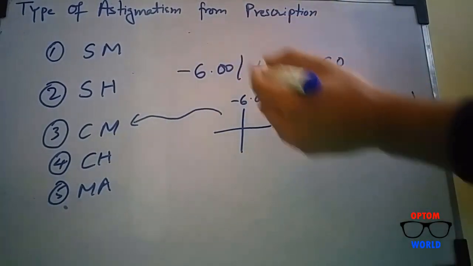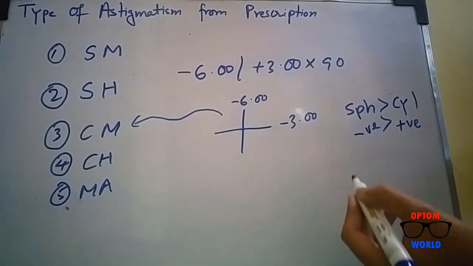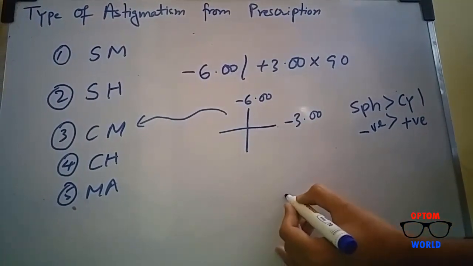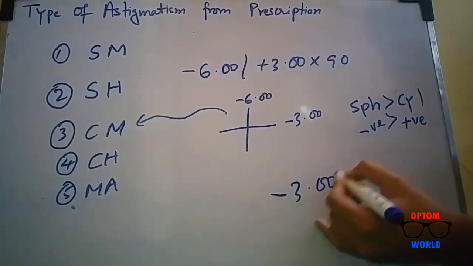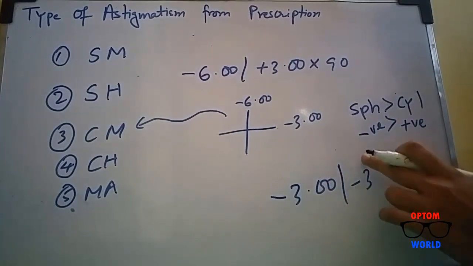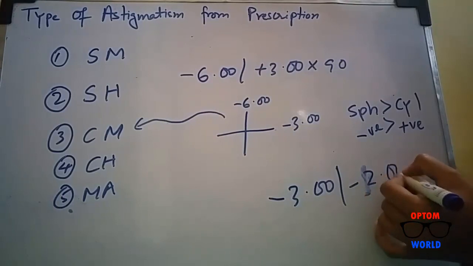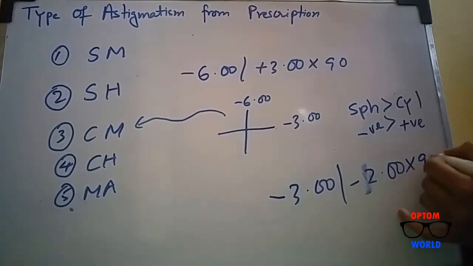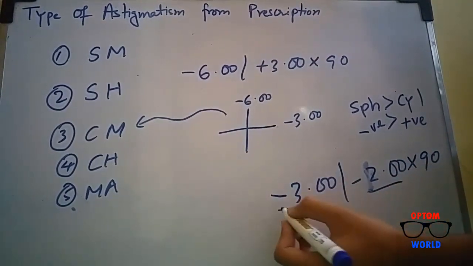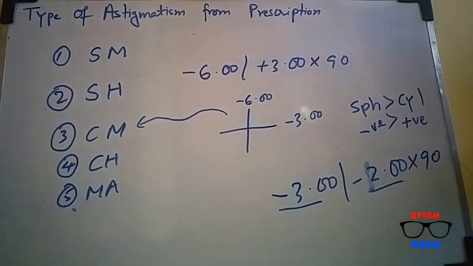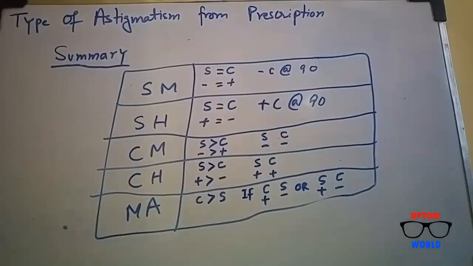Or we can say that both meridians should have negative power. Let's say if I write minus 3 with minus 2 at 90, both meridians have negative power, so it is an example of compound myopic astigmatism.